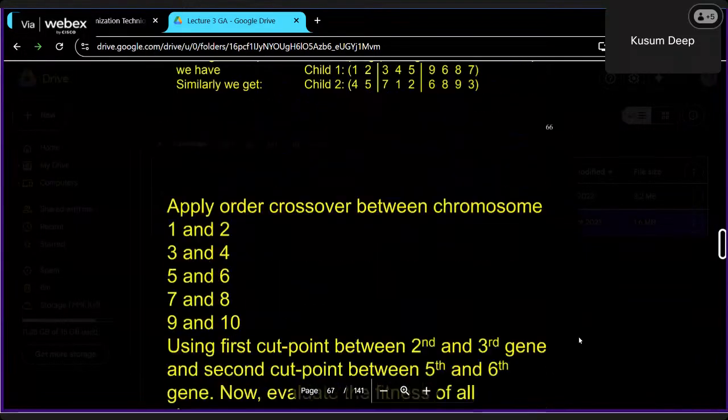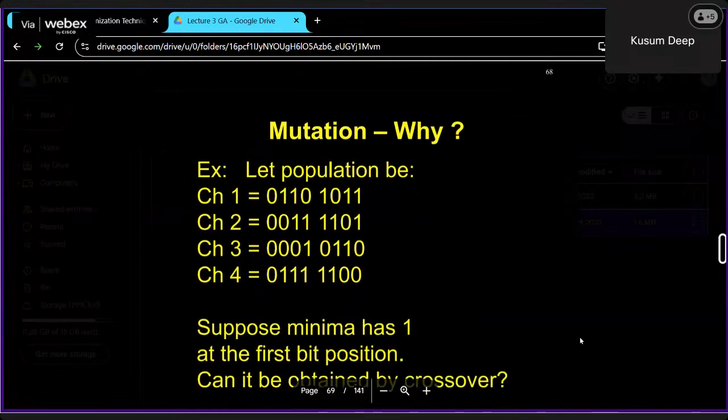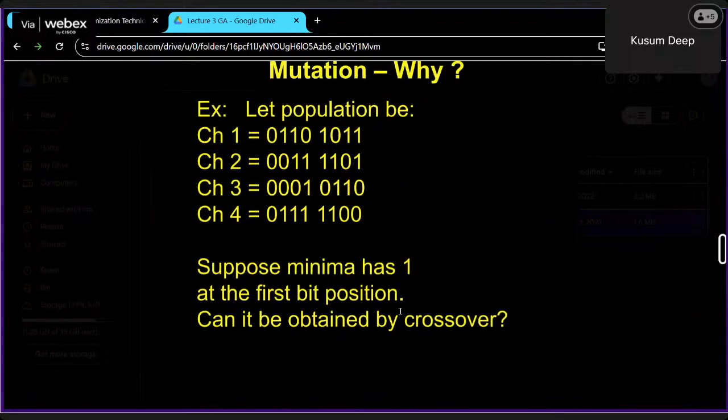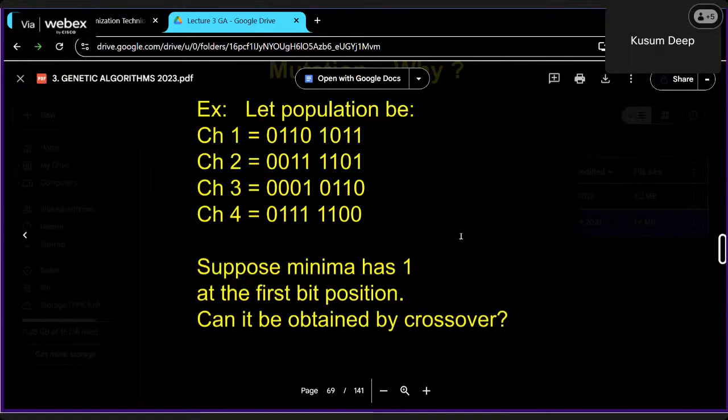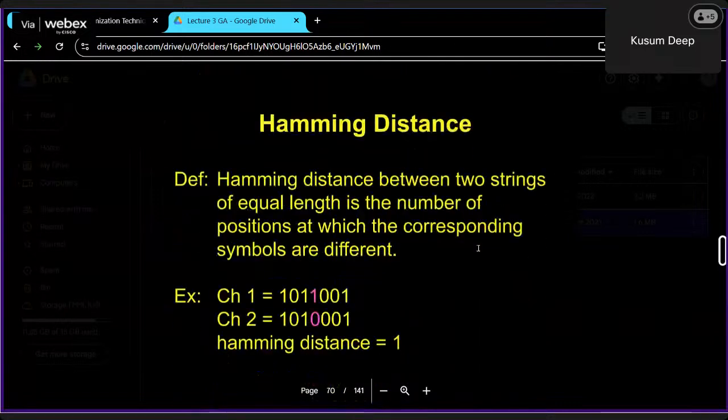Then we looked at the way in which mutation is working. And we found that mutation is necessary because if such a situation happens where the entire population has a 0 in the first place, then no matter which crossover you use, you will not reach the minimum.